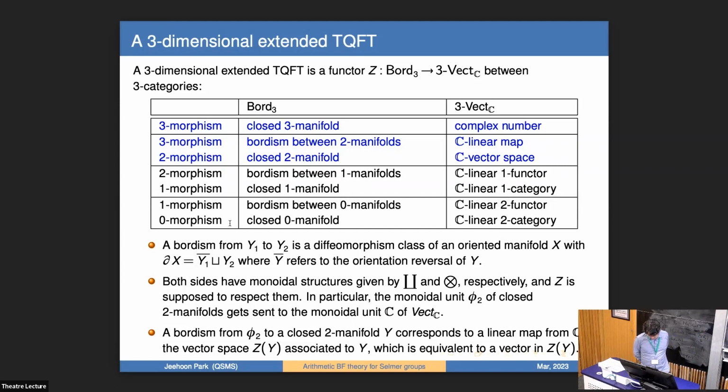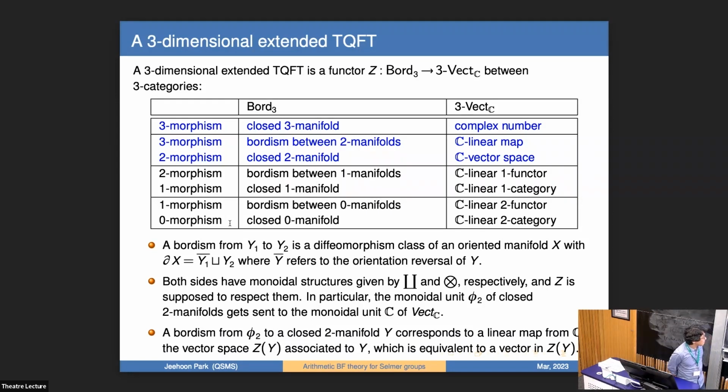Another structure is that this functor should respect the monoidal structures. So disjoint union on the left-hand side should go to a tensor product on the category of vector spaces. For example, the empty two-manifold goes to the monoidal unit, C, in the category of vector spaces.